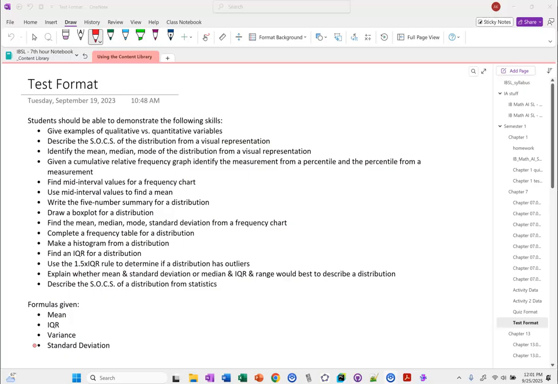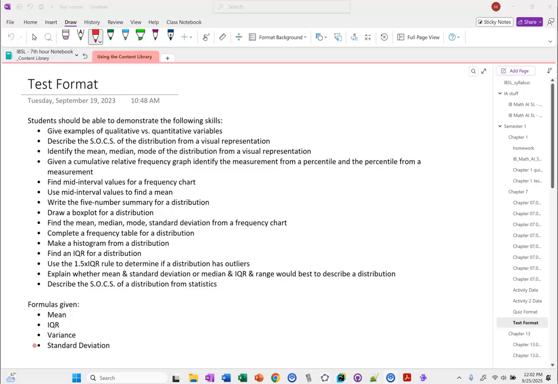So when you're listing these, what are the possible answers for shape? There's three possibilities. Round is not an answer. Symmetric, skew left, skew right are your three options.